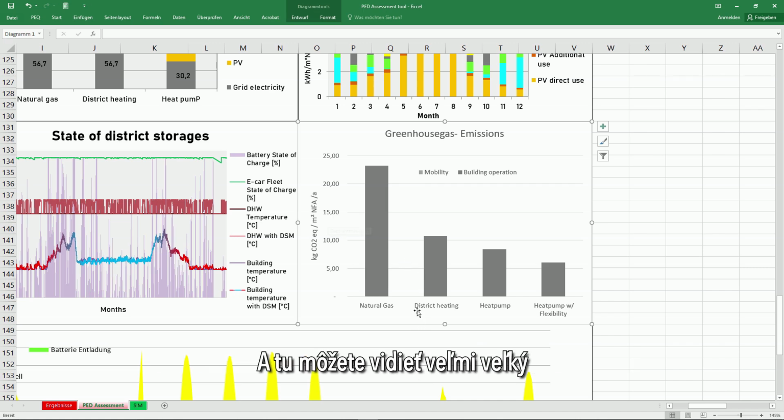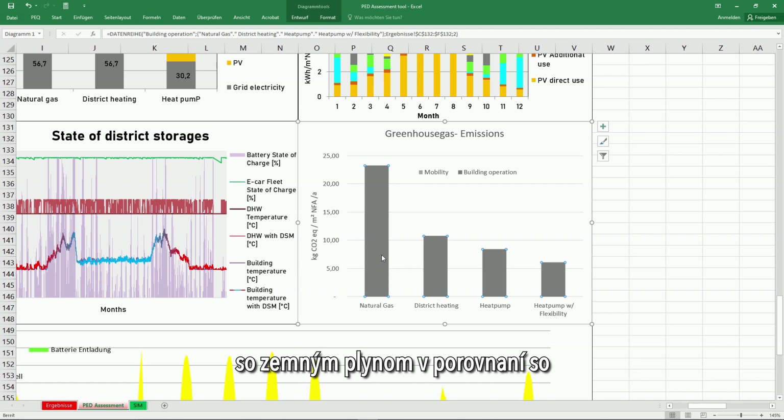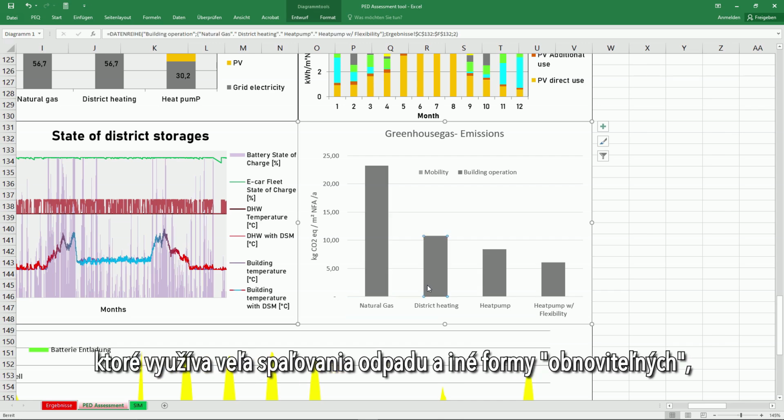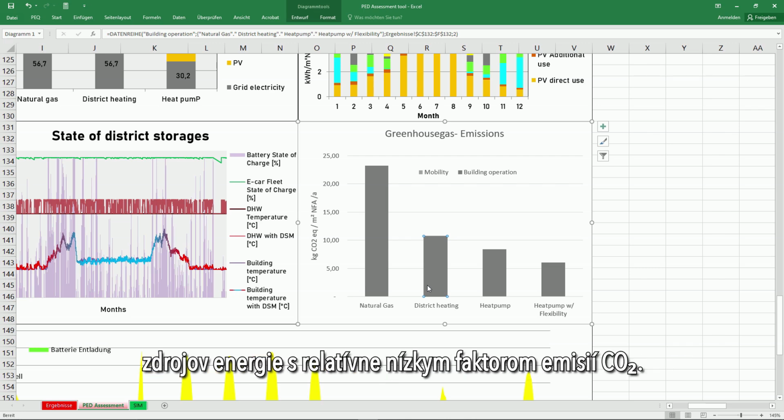And here you can see the very large difference between the fossil solution with natural gas as compared to a district heating system, which is assumed to be the Viennese district heating that uses a lot of waste incineration and other forms of renewable, in quotation marks, energy source with a relatively low CO2 emission factor.